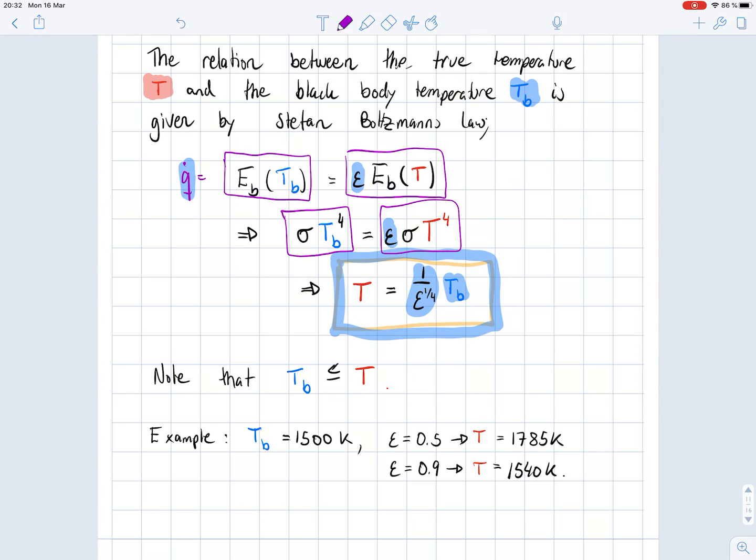So let's do a very brief example. Let's say that your instrument gives you a reading of 1500 Kelvin. If your surface then has an emissivity of 0.5, then the corresponding true temperature would be 1785, so almost 300 Kelvin higher than what your instrument gave you.